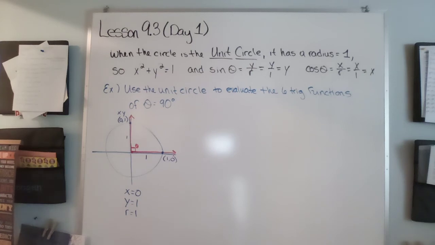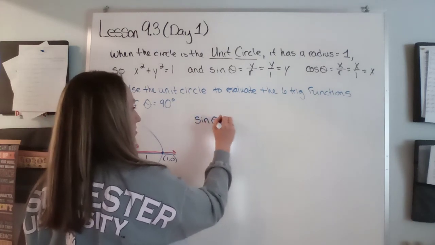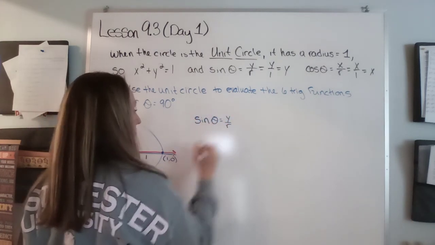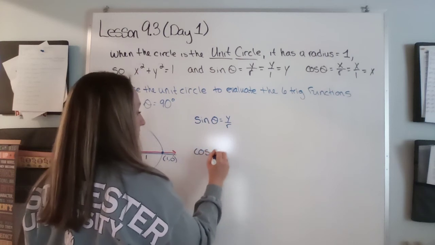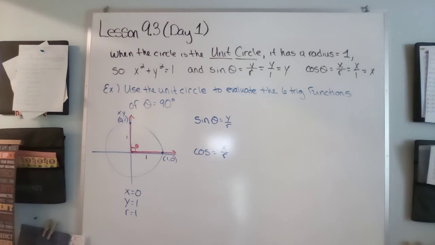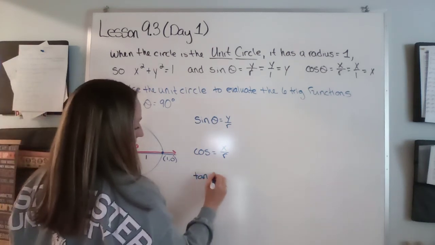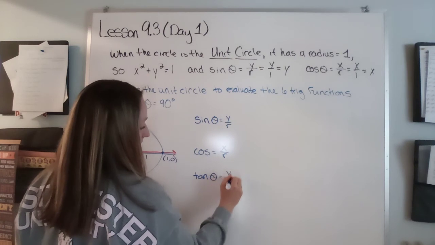Okay, so now we have to evaluate the 6 trig functions. We have sine of theta, which is y over r. We have cosine of theta, which is x over r. And then we have tan of theta, which is y over x.